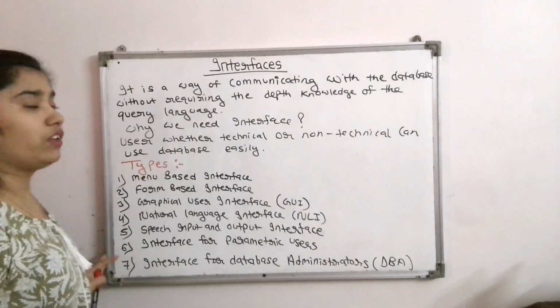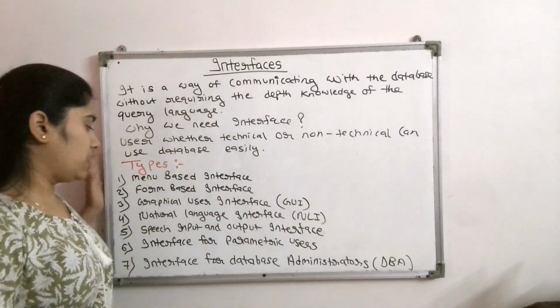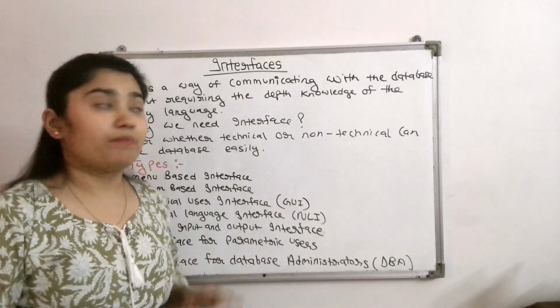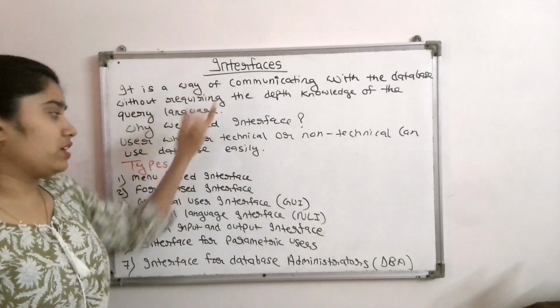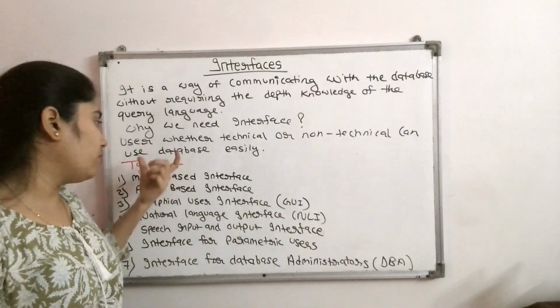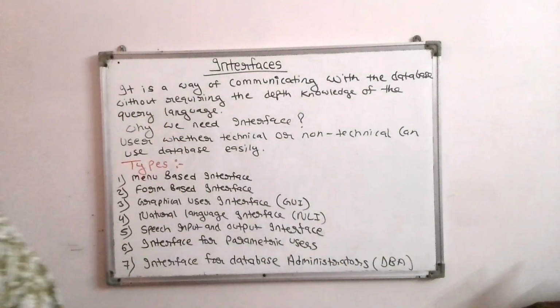So these are some of the types of interfaces. There are many more interfaces, but these are the only important types. I hope you are clear with the types of interfaces. First, note this down or take a screenshot. Then we will see the types of interfaces in detail with examples.